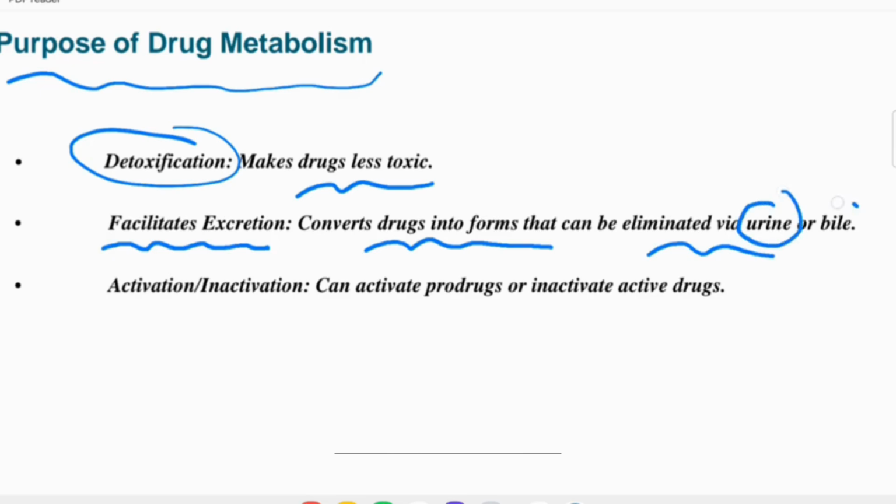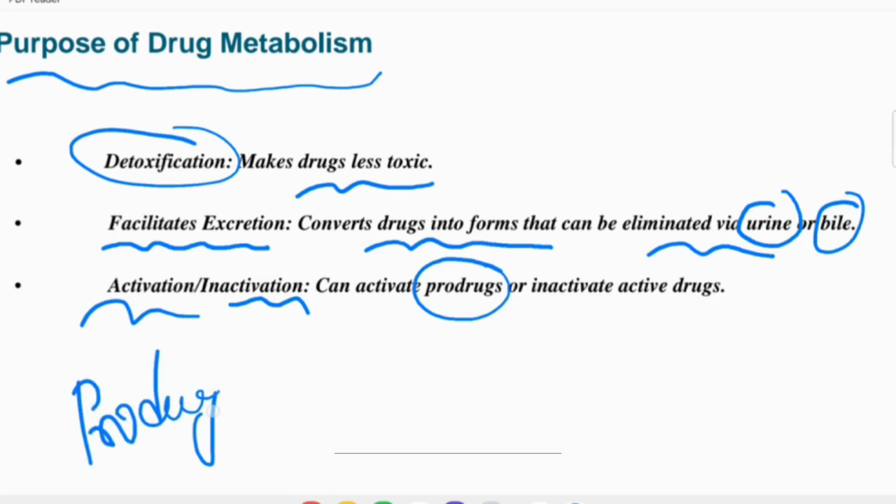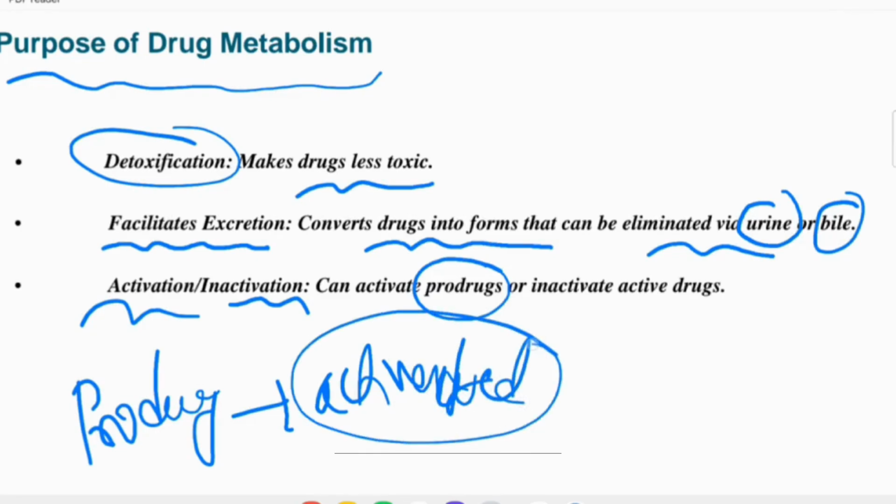Then activation and inactivation: some drugs are available in the form of prodrugs, meaning they get activated only when they are metabolized.